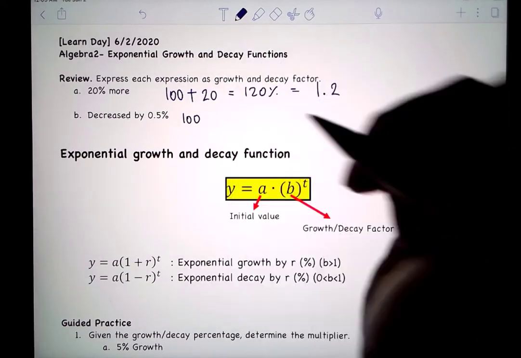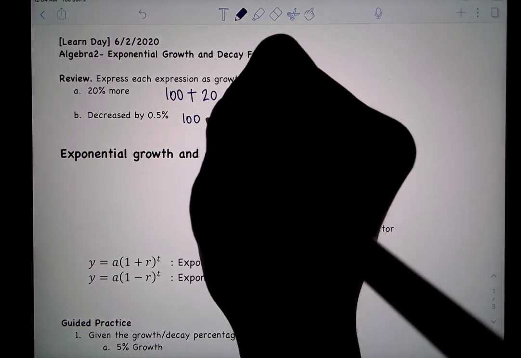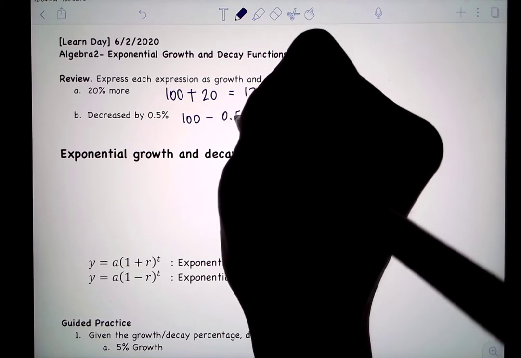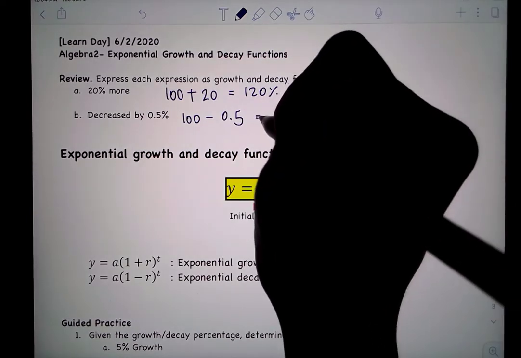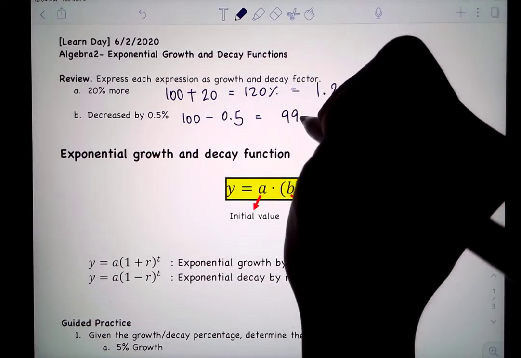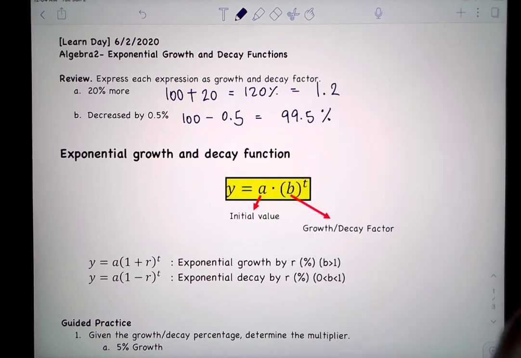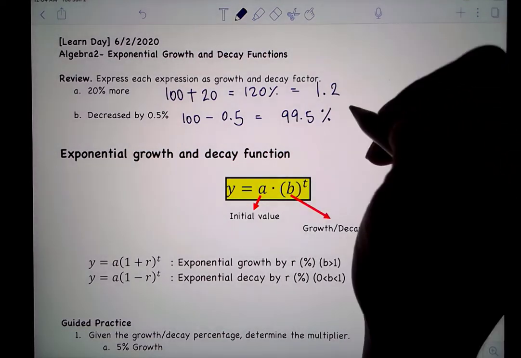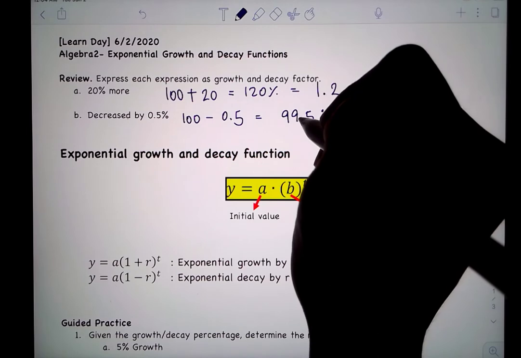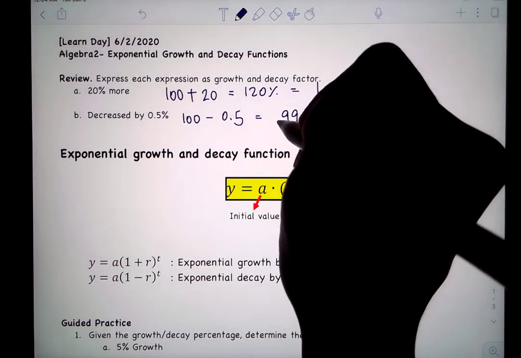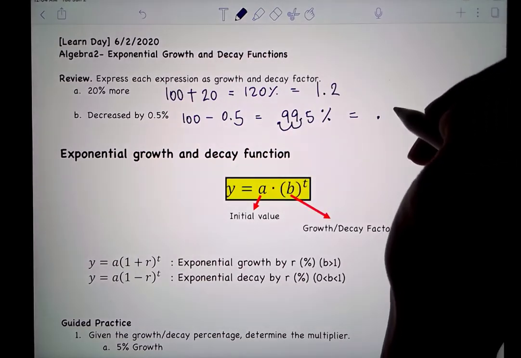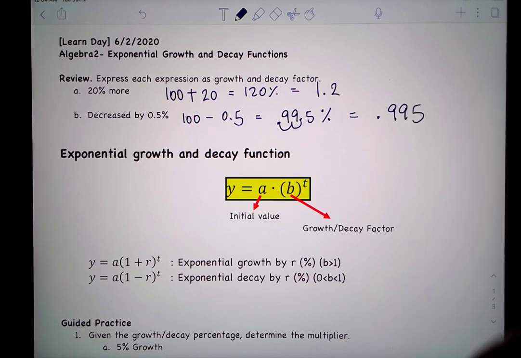So from 100, which means original amount, minus 0.5, right? Then you will get 99.5%, and percent to the decimal, we move decimal points 2 units to the left, so it will be 0.995, right? So we did this one, and today we will use a function form.